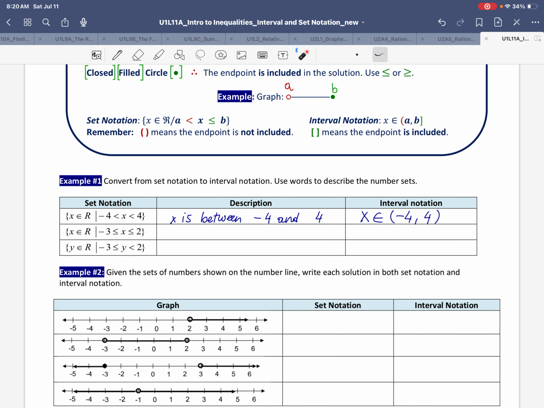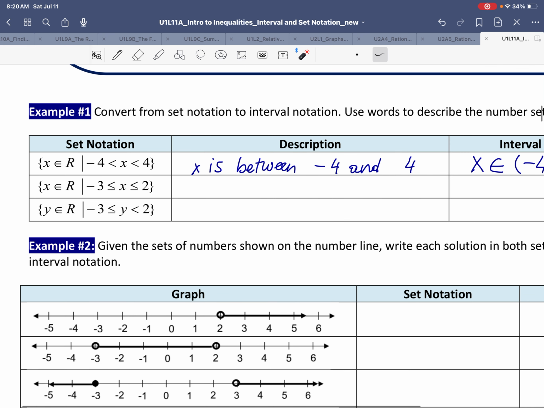Now, in the next example, as you can see, we have x between -3 and 2. So x is a set of real numbers such that x is greater than or equal to -3 and less than or equal to +2.